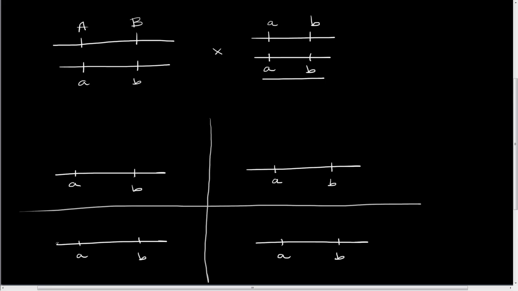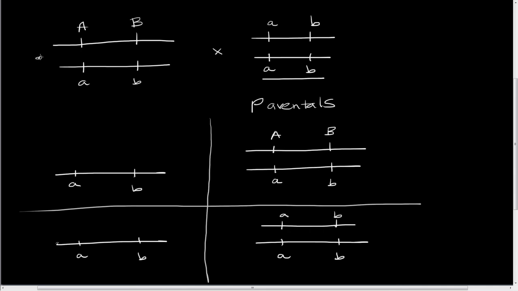Okay, so now let's think about what they're going to get from the other parent. Well, we could have the parentals. These parentals are going to be big A, big B, or little a, little b. These are the chromosomes that they're getting from this parent.